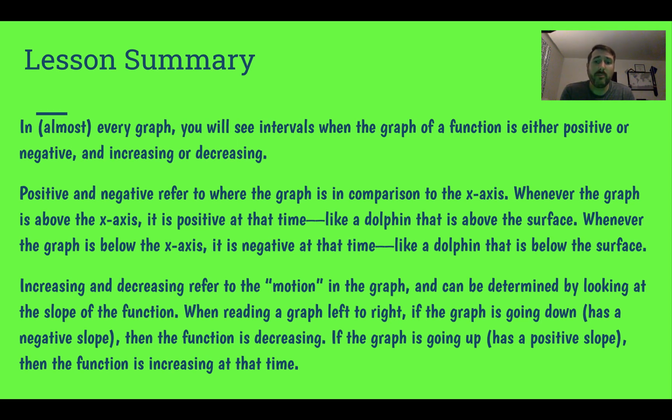If the graph is going up, having a positive slope, the function is increasing, again, like if the dolphin was swimming upward. We also saw in the last few examples where we had combinations of positive or negative and increasing or decreasing. If you come across examples that tell you two things, just know both of them have to happen at the same time in order for that to be true.